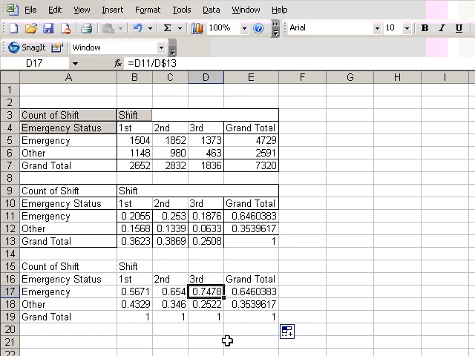For them to be independent of one another, all of these column marginal probabilities would have to be exactly the same as these probabilities. All of these conditional probabilities would have to be exactly the same as these marginal probabilities.